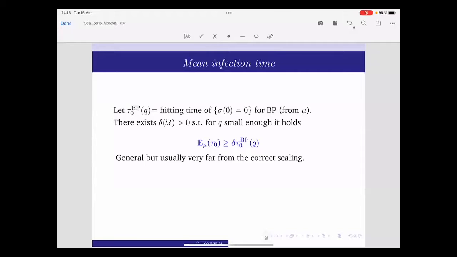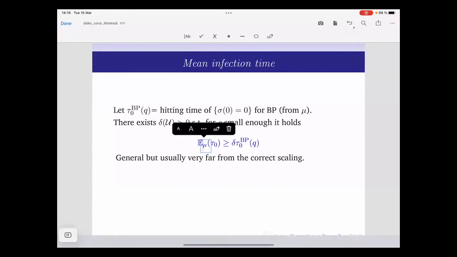Then there is a general, but sometimes very far from the real behavior, lower bound, which says that the mean hitting time for the stochastic process, the KCM, tau 0, is lower bounded modulo a constant by the one for the bootstrap.